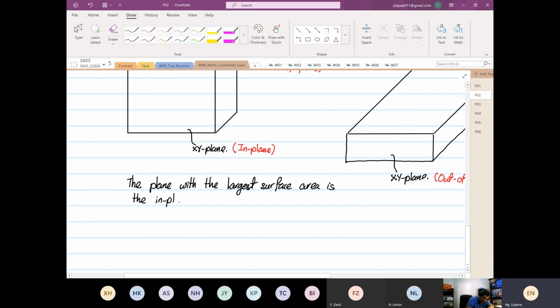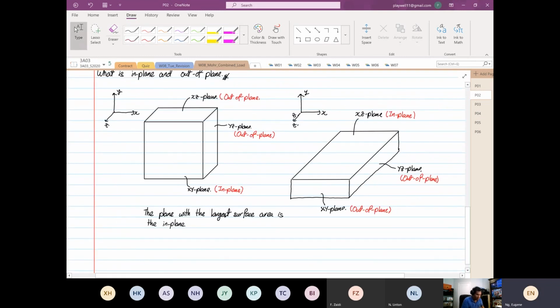You can see that of both orientations, the larger surface area we always classify as in plane. The smaller surface area we classify as out of plane. I've been trying to look for this in textbooks and no textbook tells me about it. So I'm telling you, textbooks assume that this is understood, that everyone should know about it. Not true.